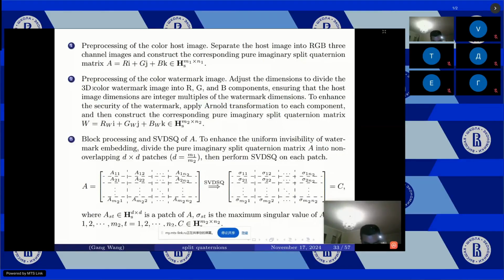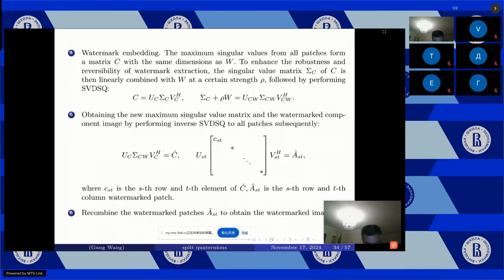This combined matrix is then decomposed again via SVD-SQ to embed the watermark. Finally, we recombine the watermarked patches to obtain the final watermarked image. This structured approach ensures the transparency of the watermark while enhancing its robustness against interference and attack.